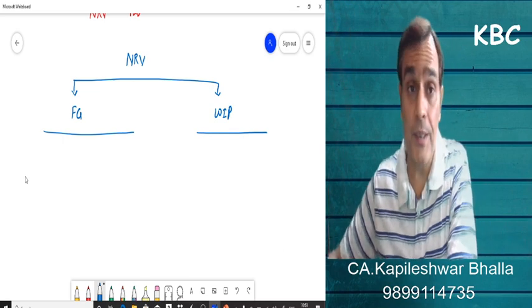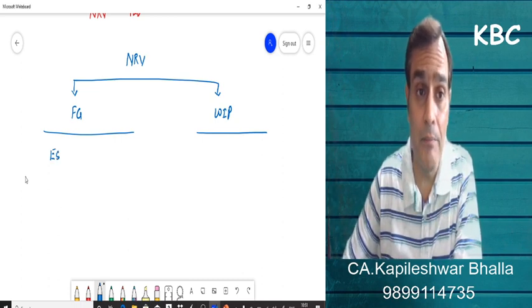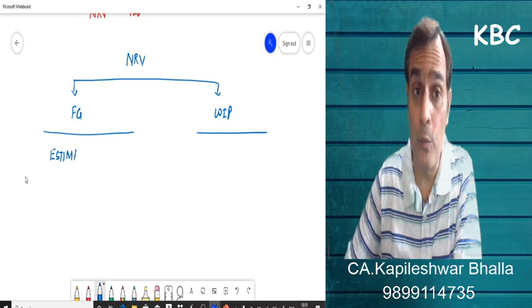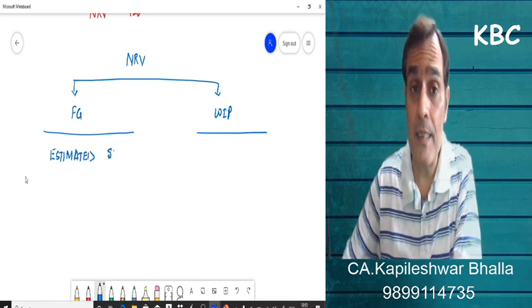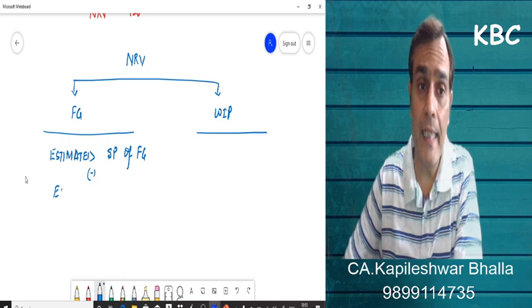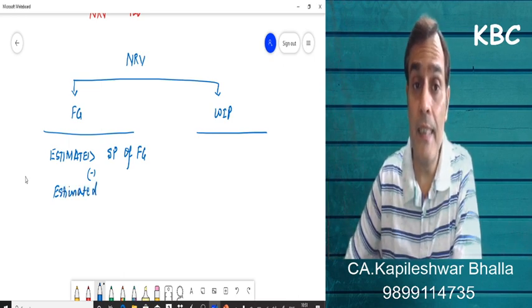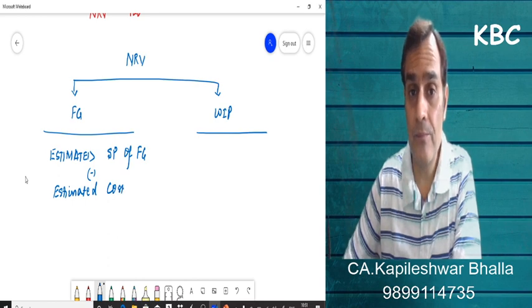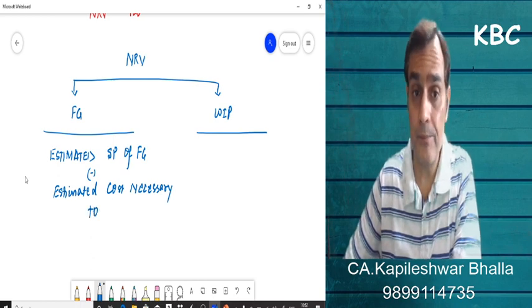So when you go to consider FG, we will consider the word estimated. I know I'm yet to elaborate the word estimated, which I'm going to shortly do. So we're going to take the estimated selling price of the finished goods, and only one thing is to be reduced, and that is the estimated cost necessary to make the sale. The estimated cost which is necessary to make the sale.